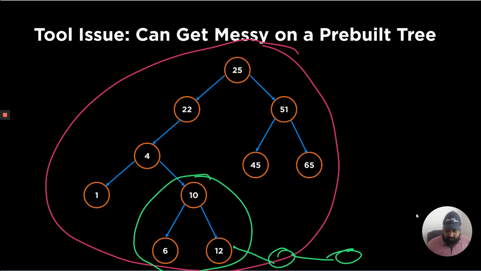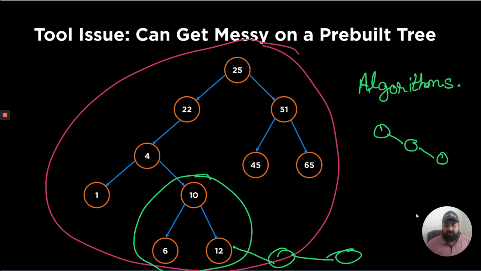So all these rotations, the tools that we are going to use, we are not going to apply to a pre-built binary tree. Instead, we are going to use a preemptive approach: whenever we insert some elements, then we perform some rotations.